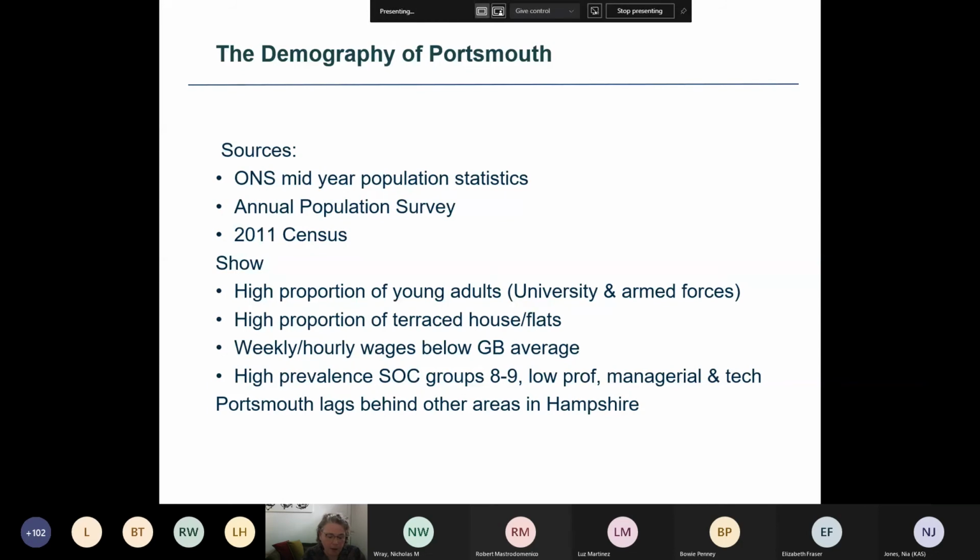Taking these things together suggests that the people at higher grade or better paid jobs tend to live outside of the local authority area. So having got this sort of broad overview from data that's primarily at the local authority level, we followed this up to get an insight at a more granular level. And so we extended the work to include an analysis of the index of multiple deprivation. So the next slide, please.